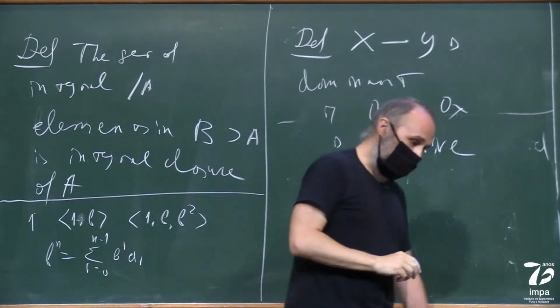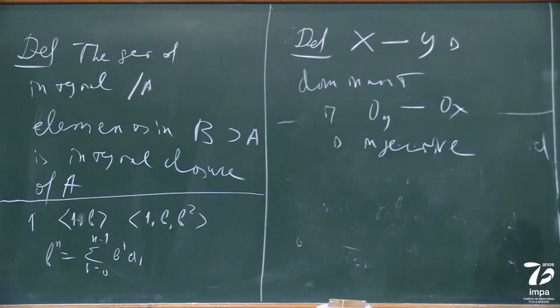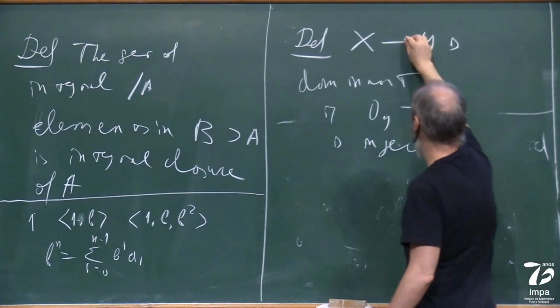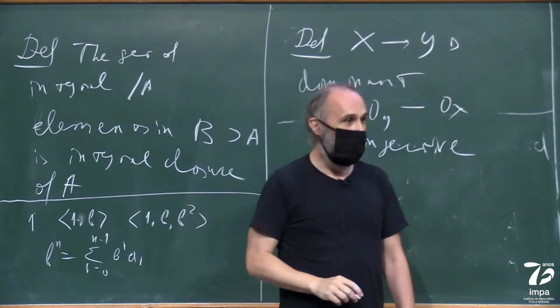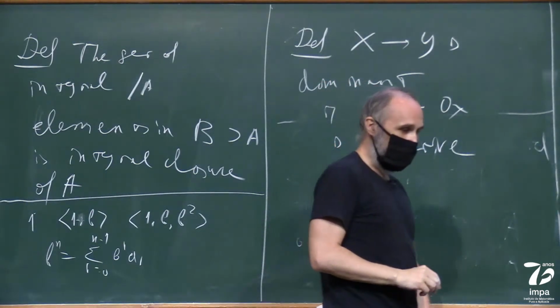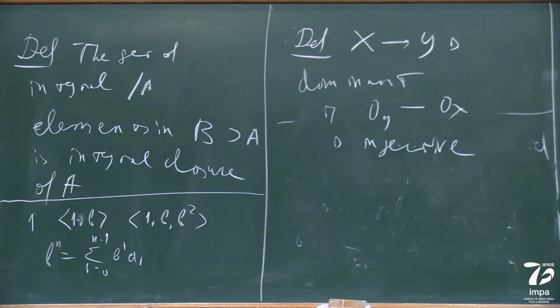Or, what is equivalent, the Zariski closure of the image of X in Y is Y. It's not obvious that that's the same, but we did this a lot last time, and I'm not going to use it, so I'm not going to repeat it.